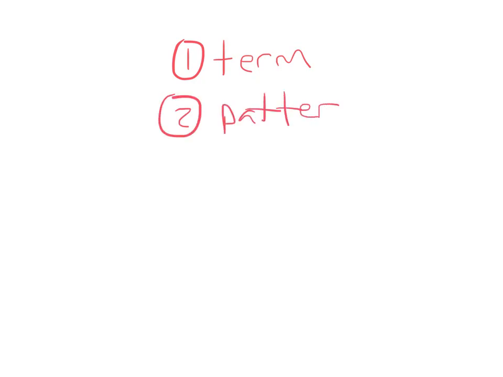All right, now let's look at how I would write a recursive formula or a recursive definition. It requires me to have 2 pieces of information. So the first piece of information that I have to know is a term. And then the second piece of information that I have to know is the pattern of how you move from one term to the next.